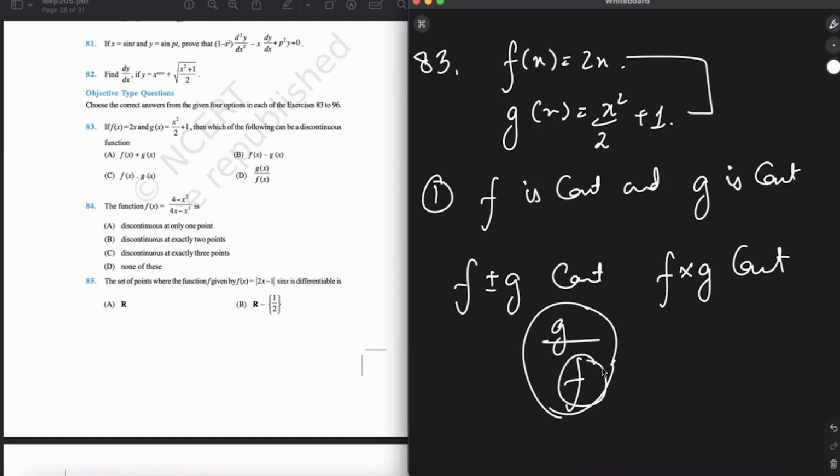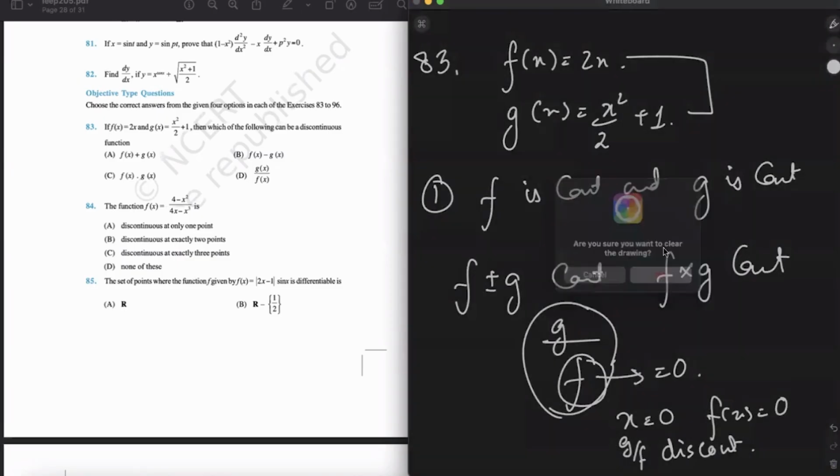It will not be continuous when f is equal to 0. So if x is equal to 0, fx is equal to 0. Then g upon f will be discontinuous because it is not a 0 by 0 form. Gx is 1 and fx is 0. So discontinuity is at x equal to 0. Got this? Now moving on to the next question.